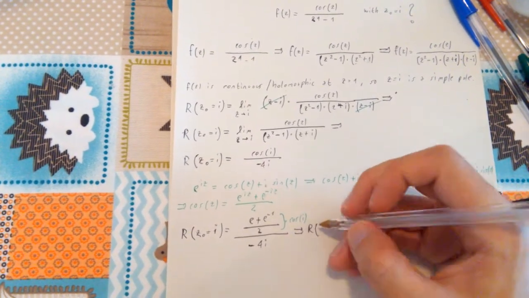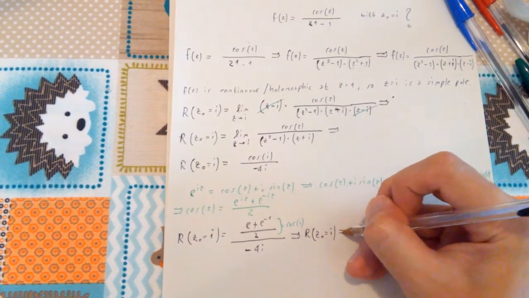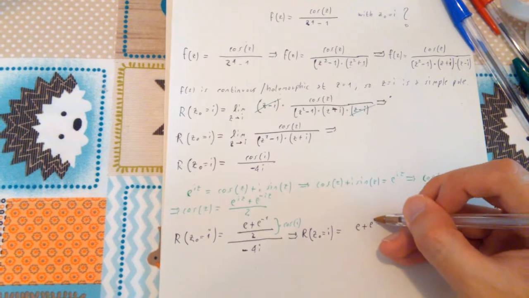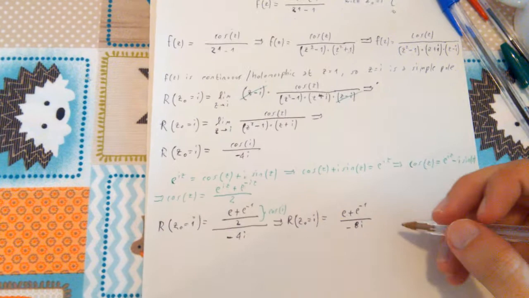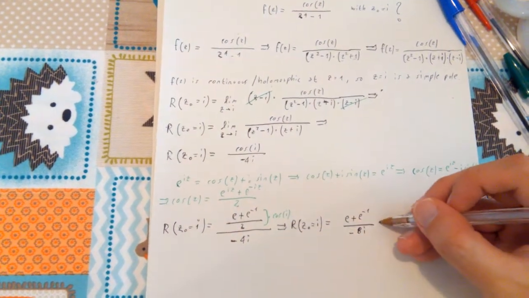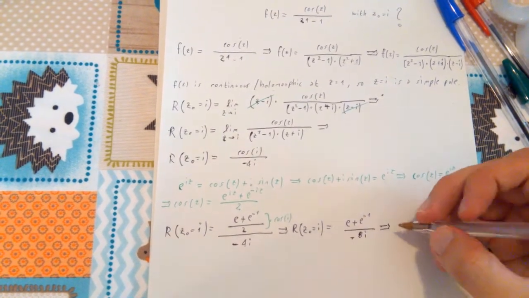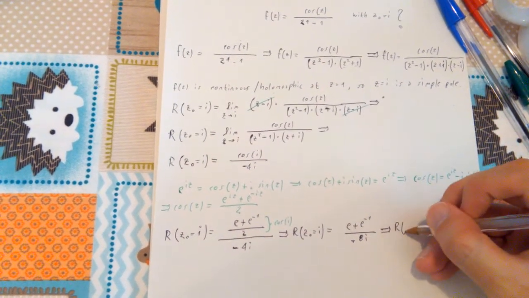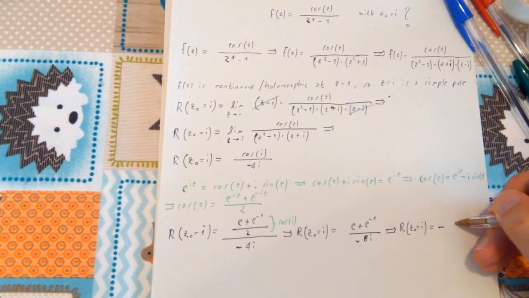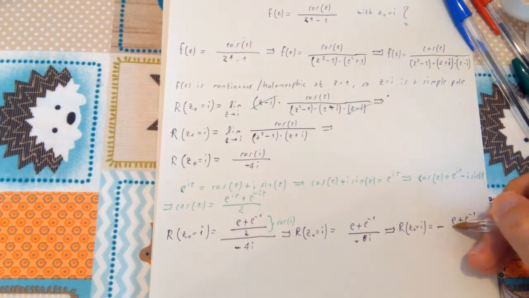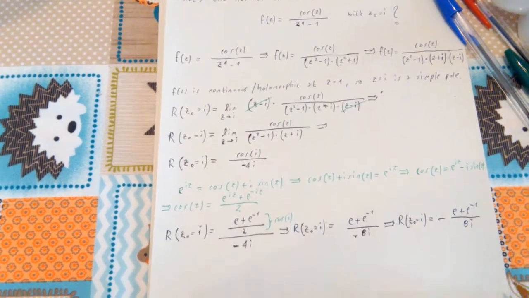Going on from here, the residue is e plus e to the negative 1 over negative 8i, because you had these 2 and these 4. So we can take the negative sign in front of everything, and our residue at z0 equal to i is negative e plus e to the negative 1 everything over 8i. And this is our solution.